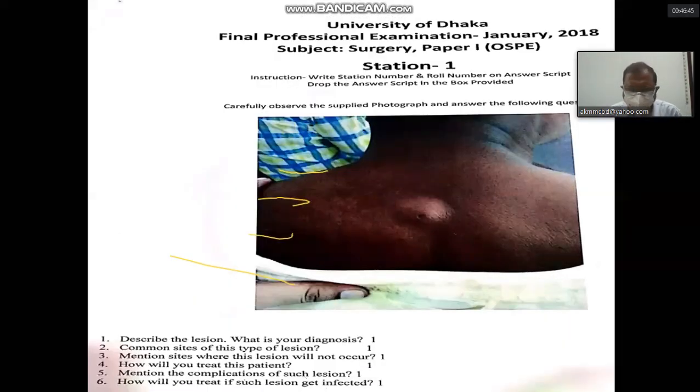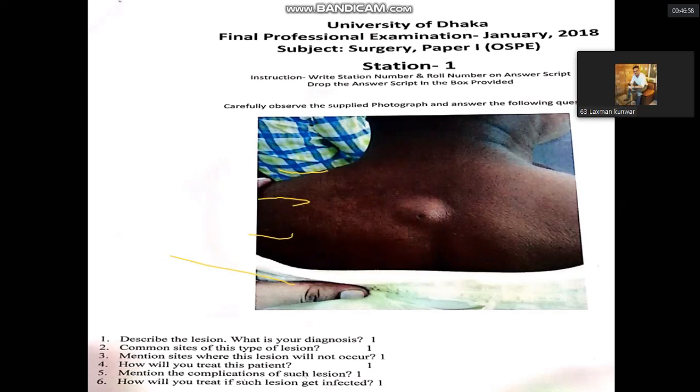Can you describe the lesion? What is this one with your diagnosis? Sebaceous cyst. First, you describe the lesion.